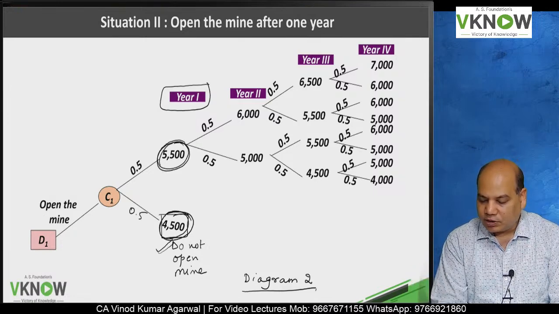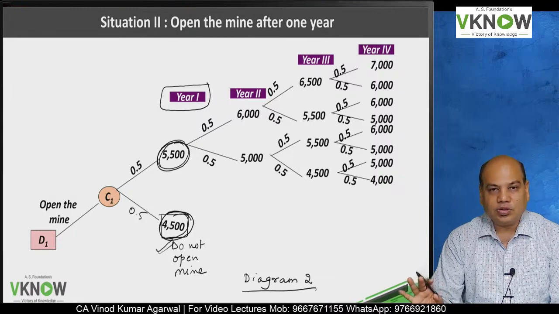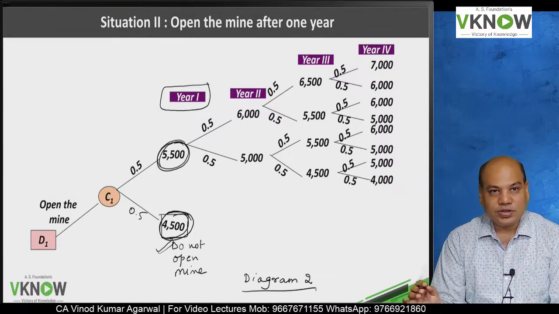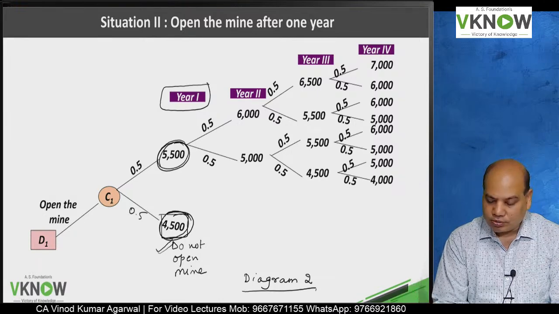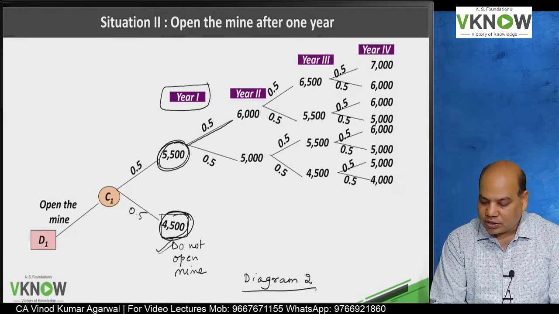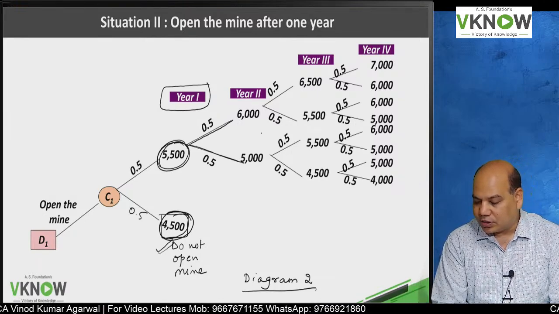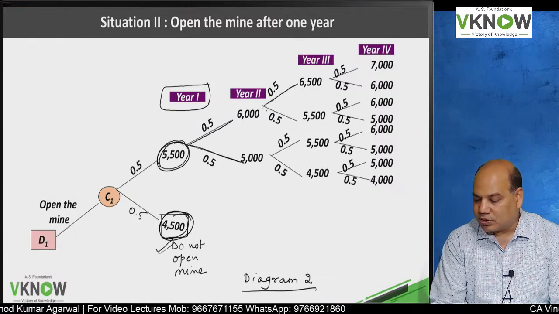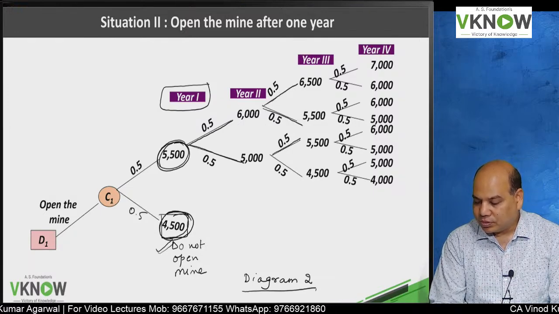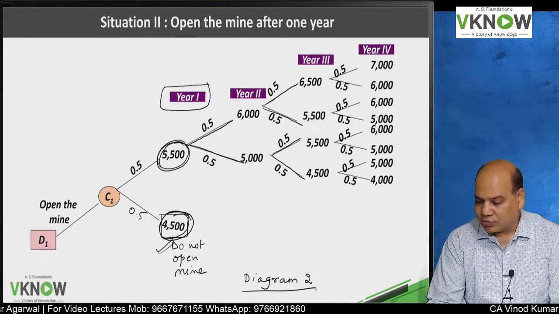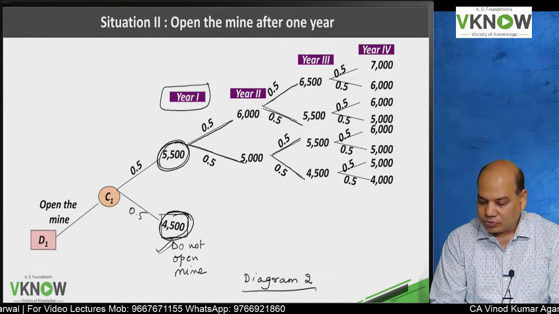If it is 5,500, I will at least do the calculation and see whether NPV is positive or not. So from here the price can be 6,000, 5,000, 6,500, 5,000, 5,000, 4,500, like this.